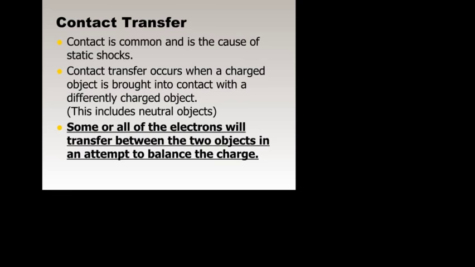It might be the opposite charge, or it might just be a neutral object. Some or all of the electrons will transfer between the two objects, and the goal here is the two objects are trying to balance the charge. They're trying to balance out the number of electrons they have.